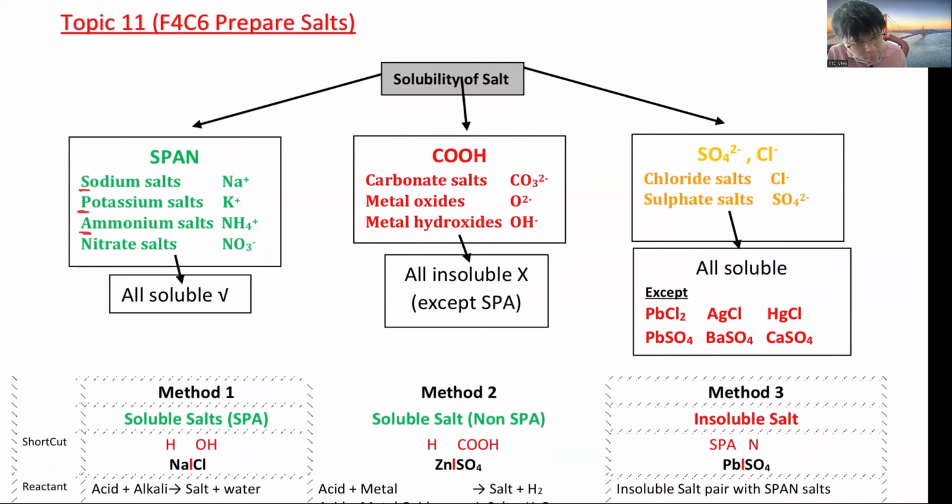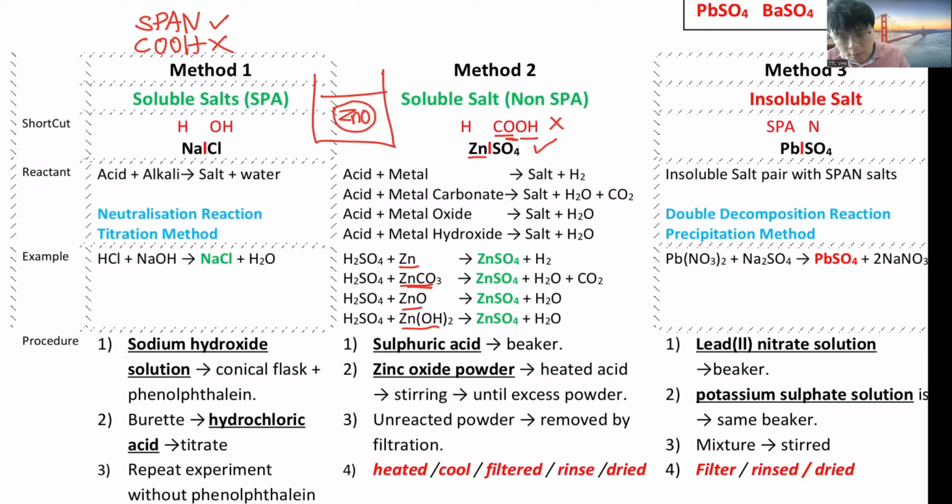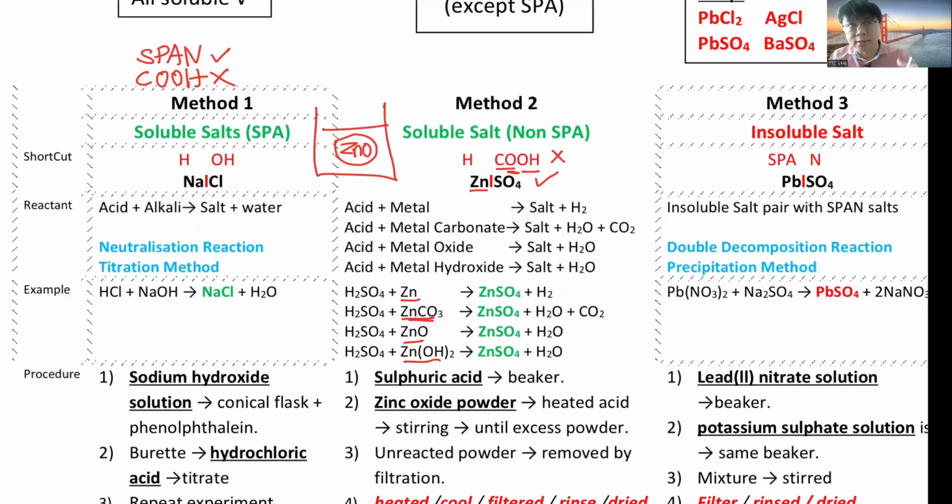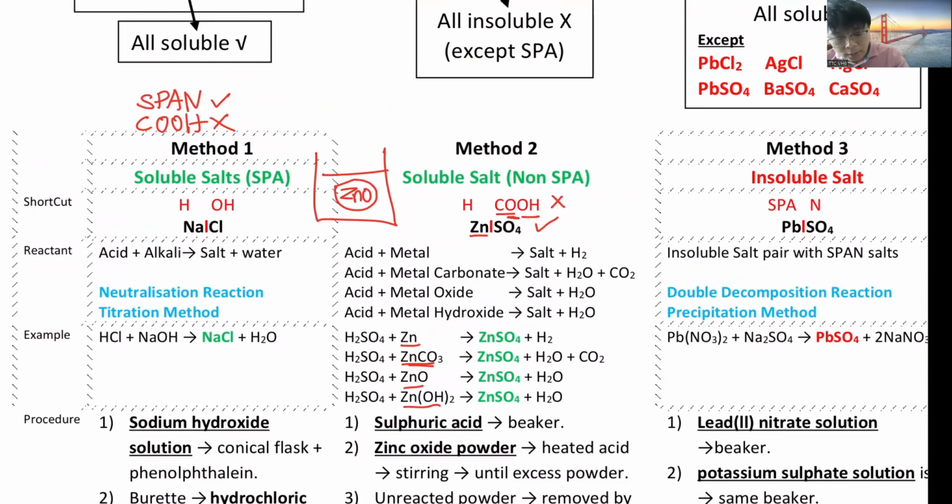But all of these are not soluble in water. If you add zinc oxide into water, there is no reaction because it is not soluble and won't dissolve. The only method to let an insoluble thing dissolve in water is to go back to topic 9.